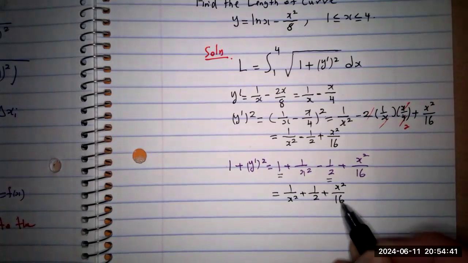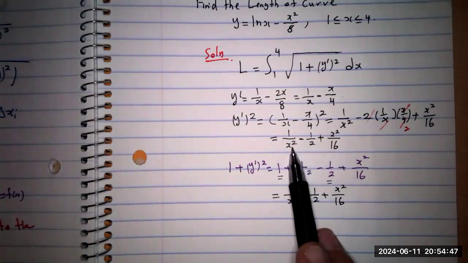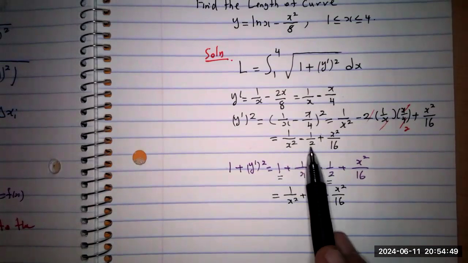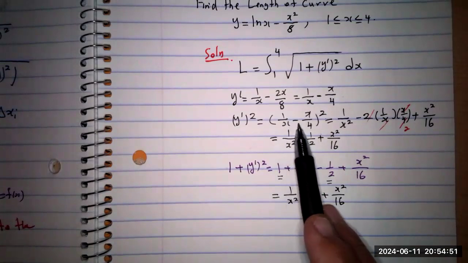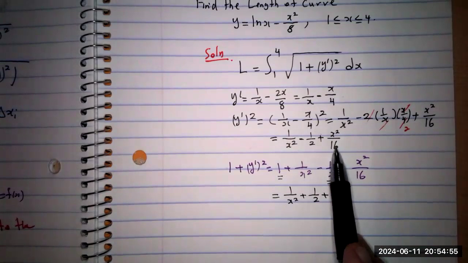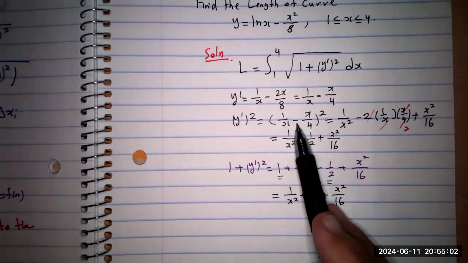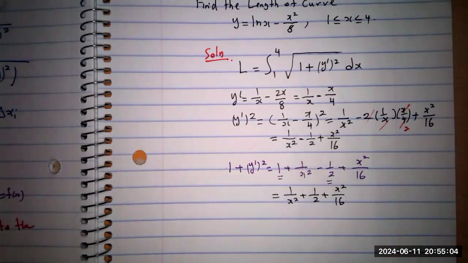There are a group of problems like this one. Look at this, compare it together. When you get 1 over x minus x over 4 squared, this is the result. This one is exactly the same, but you get a positive here. So this is going to be 1 over x plus x over 4 squared.